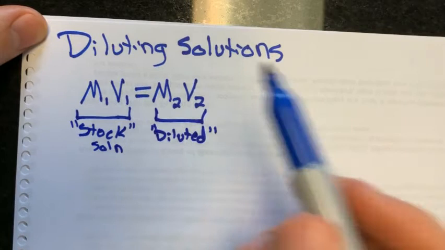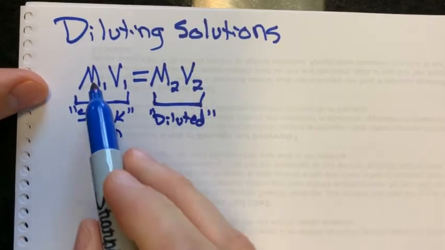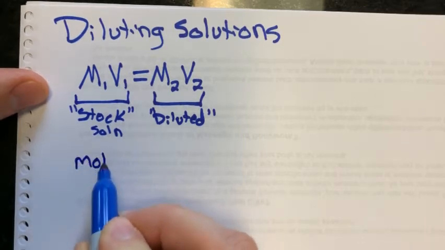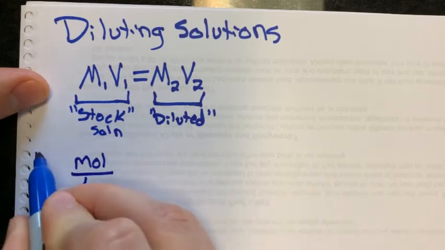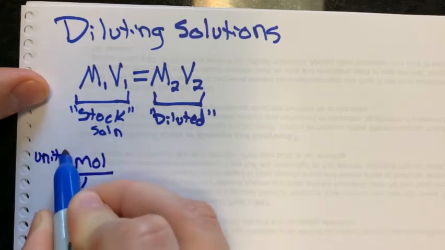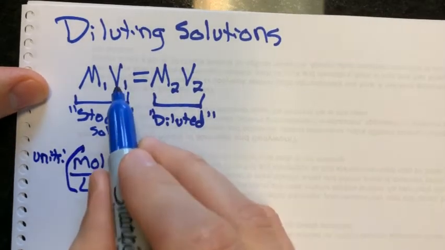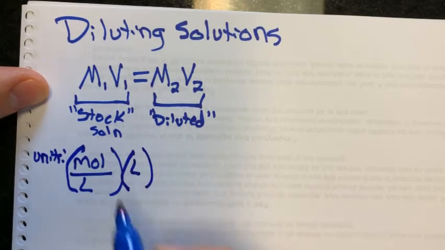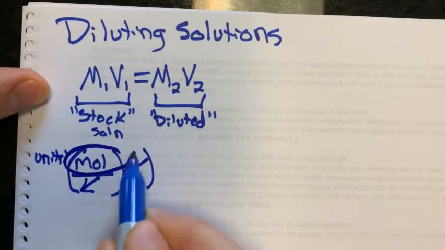We're just diluting it. So whenever we take a look at a new equation, it's a good idea to look at the units. So we've got the units for molarity, which is moles per liter. Let me label that we're looking at units here. So the units moles per liter, we're going to multiply that by the unit for volume, which is liters. And when we do that, liters cancel out. So what we're left with is moles.